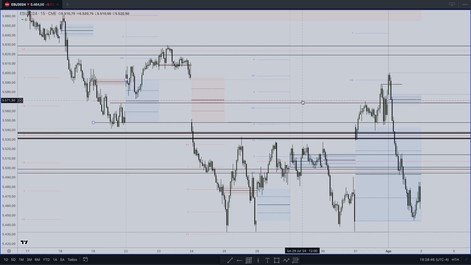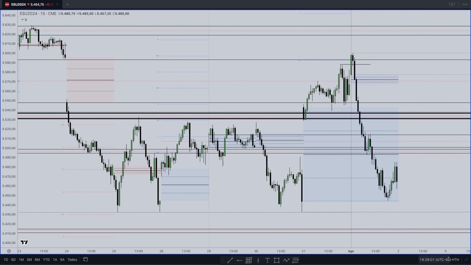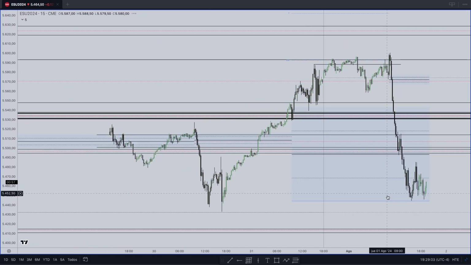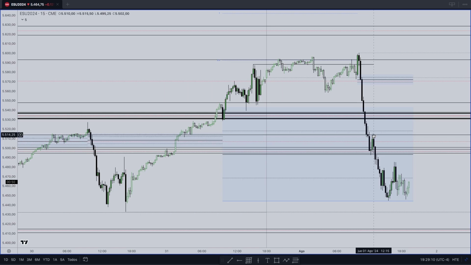Sorry, and they took this as an offset accumulation right here, and took all the liquidity from electronic trading hours here. And the same, look, this is a previous new week opening gap, 50% consequent encroachment and an imbalance on the 15 minute chart.